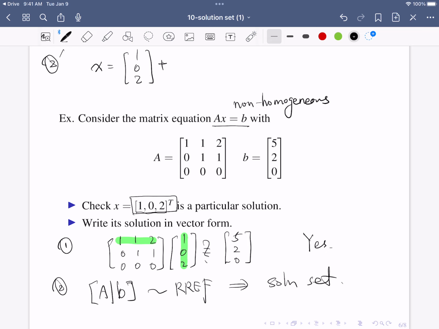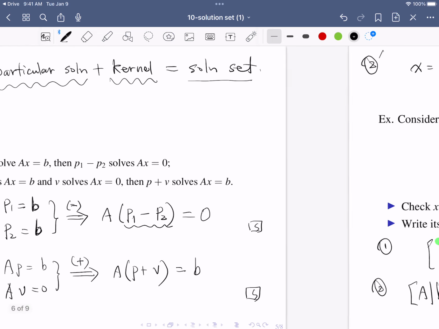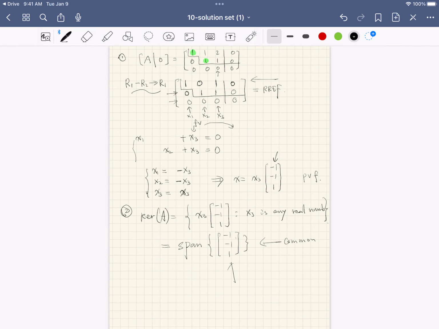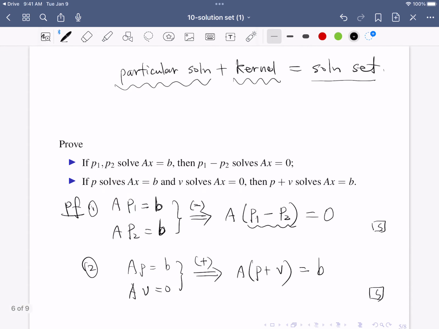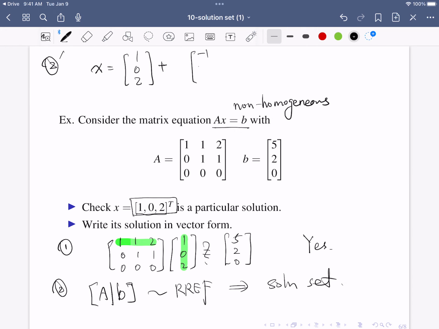We know that one of the solutions is given by here, -1, -1, 1, and multiplied by any number, it's still in the kernel because the kernel is the span of this, a linear combination of this one vector. So this is PVF.